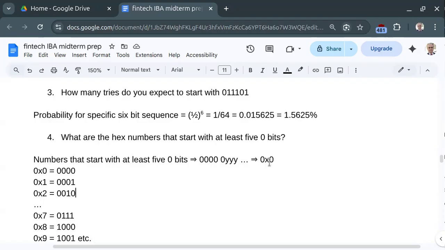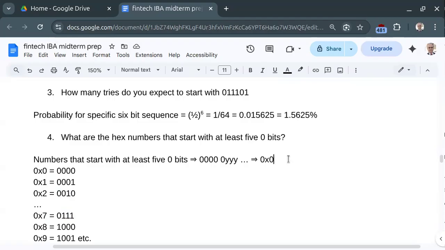So the only numbers that have the property of starting with a 0 bit are numbers 0 to 7.